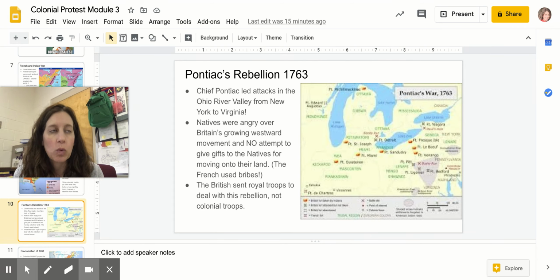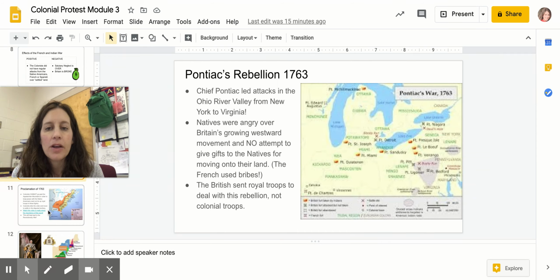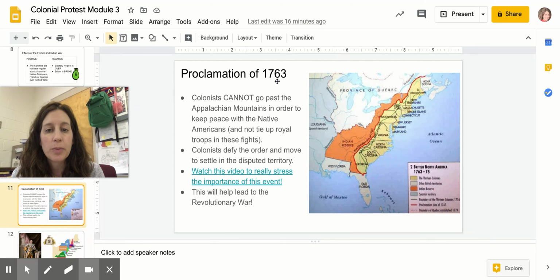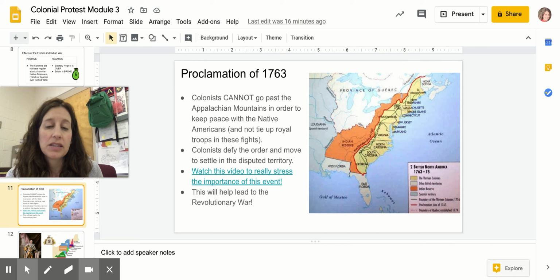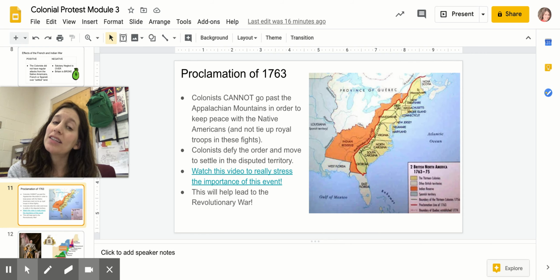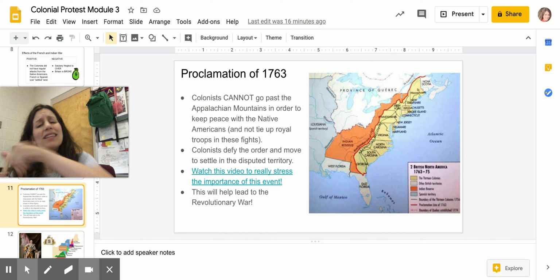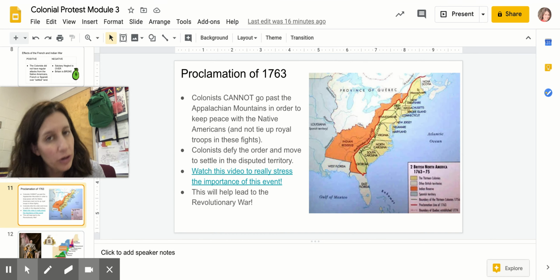During the French and Indian War, the British did not respect colonial troops because they thought they were a ragtag group of morons. Okay, so because of Pontiac's Rebellion, which was Native American attacks on British American colonists, the Crown declares the Proclamation of 1763 that says, hey, I know we just fought a war where technically we won all the land to the Mississippi River, and we told you colonists that you were going to get that land and you could go settle on that land, but actually, no, you can't.